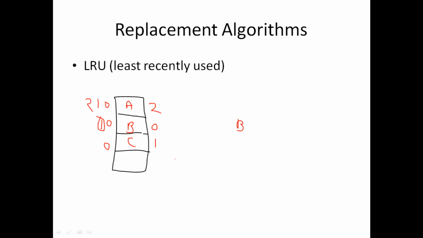Now, when a miss occurs, let's say we want D and D is not present here, and this set is not fully filled. Then D comes here and its counter is set to 0, and the others are increased by 1.